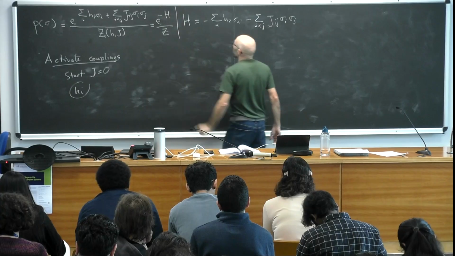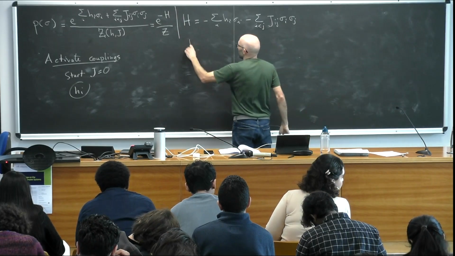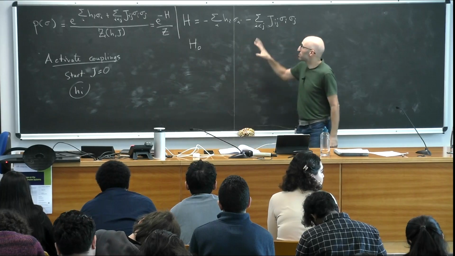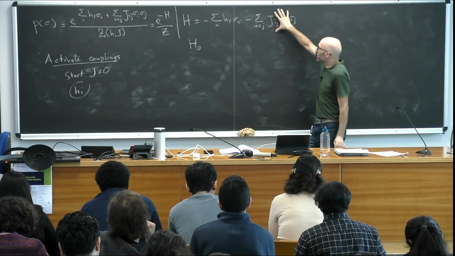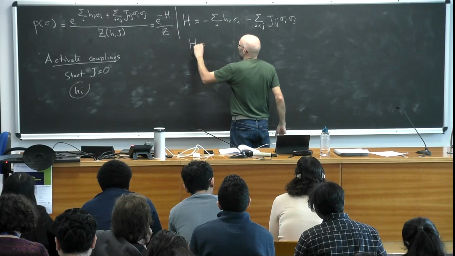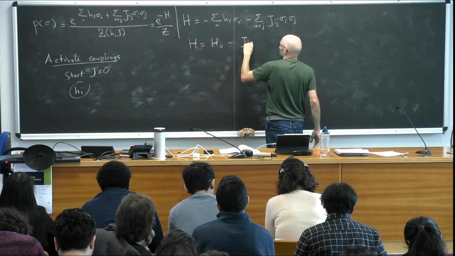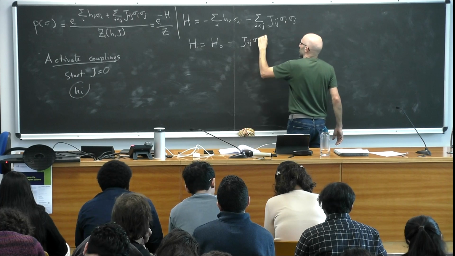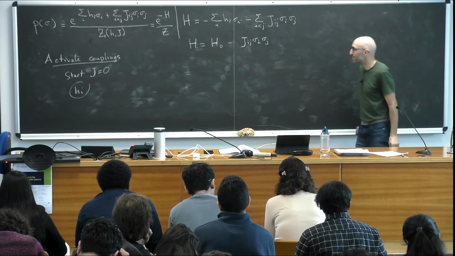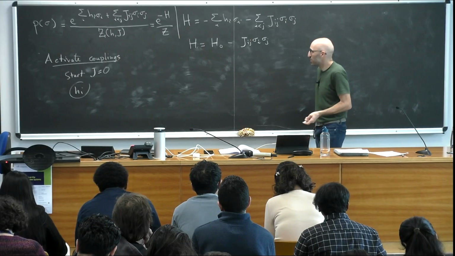Now, let's say I start from some H0. For example, H0 might be the one without any coupling, and I add the coupling. So I say H is H0 minus, I add one coupling, j_ij. Okay? And the question is, how does the likelihood change?